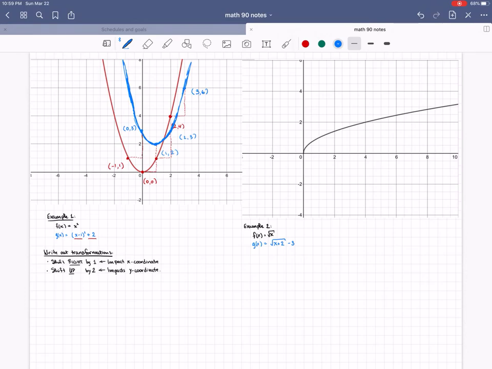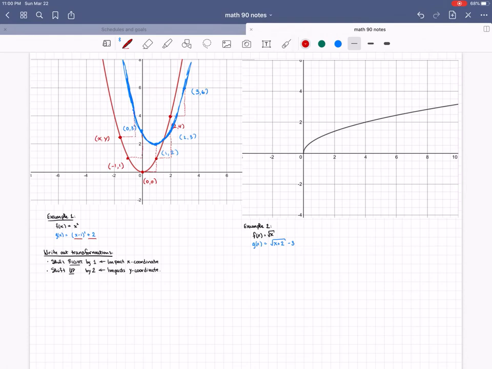The other thing I wanted to show you in this example is that literally every single point on the red graph got moved the same way. It got shifted right 1, up 2. So if I pick some random point on the graph of f, with coordinates (x, y), to get a point on the graph of g, I'm going to go over 1 and then up 2.